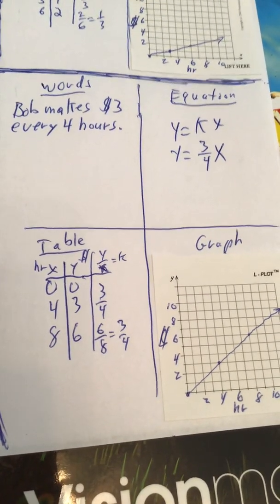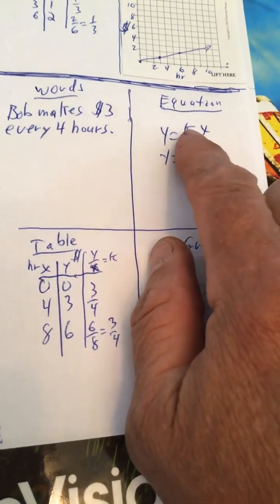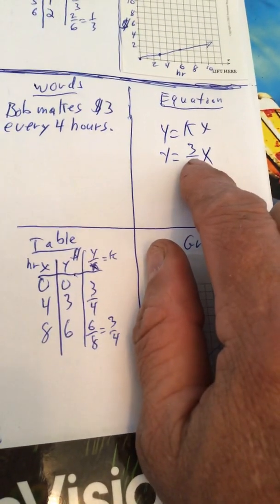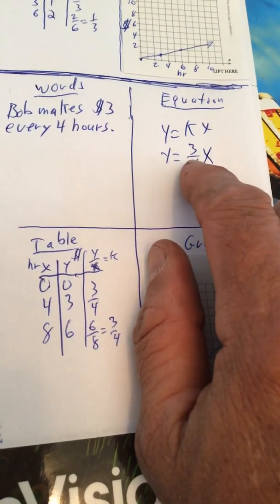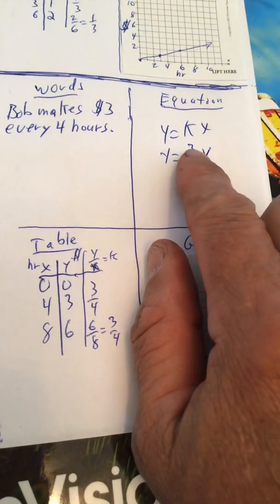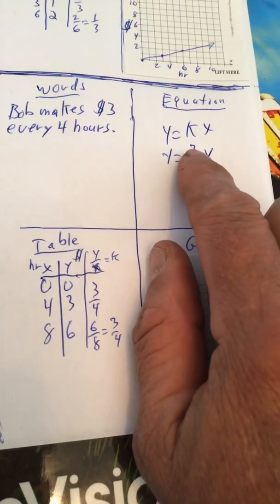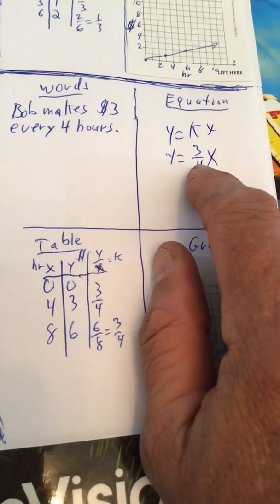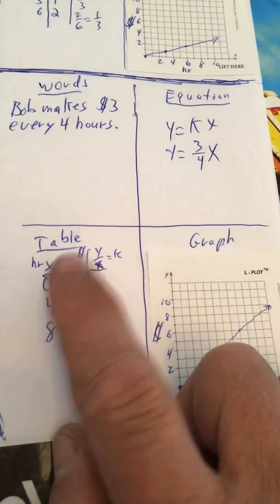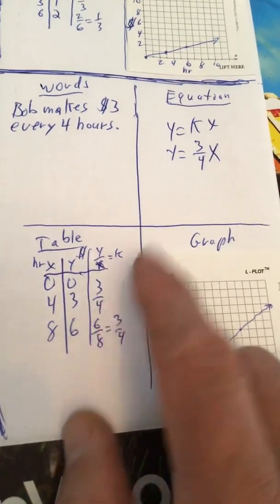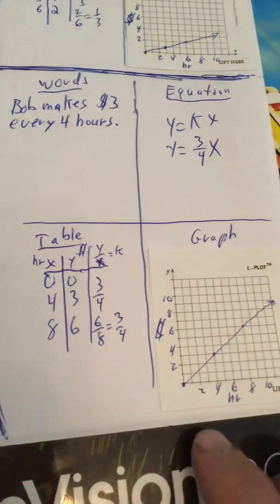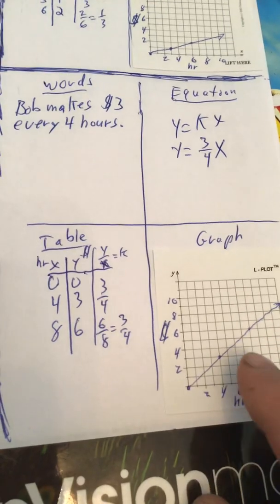So anyways, if it's a proportional relationship, your equation is y equals kx. There's your formula. The number right here is your unit rate. You're making 75 cents an hour, or $3 every 4 hours. From your table, when you divide y by x, you should get the same number every time, which is your k. And on the graph, the line should be straight and through the origin.